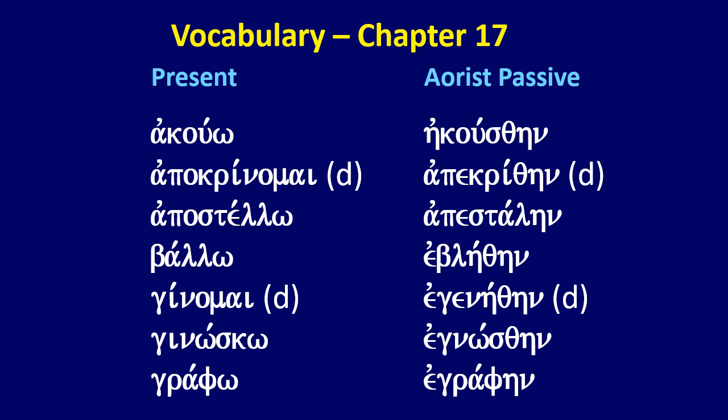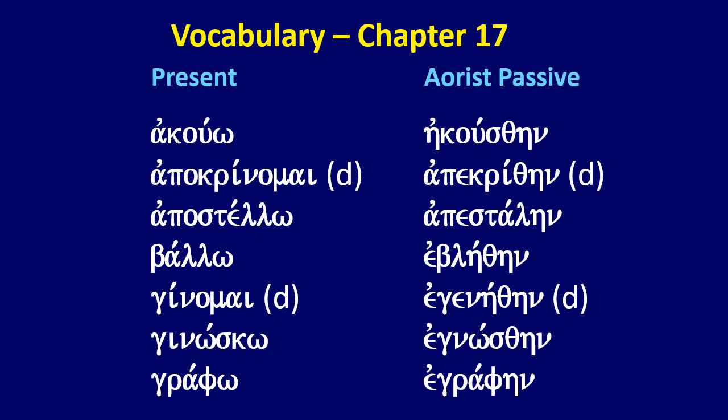And then we have ginomai, a very common word, meaning I become. It's deponent there, again middle and passive voice ending, but yet active in function. And the same is going to be true with its aorist passive spelling. Though it's passive in spelling, it's active in function: egenethein, meaning I became.